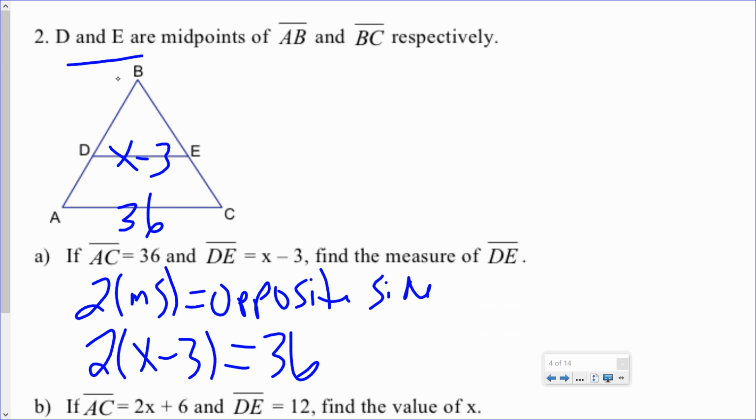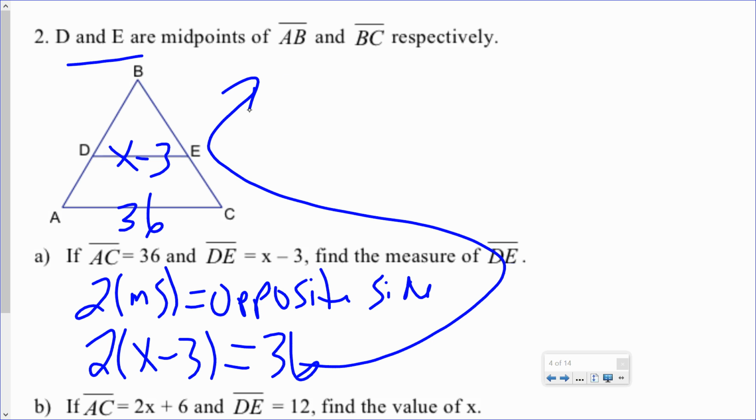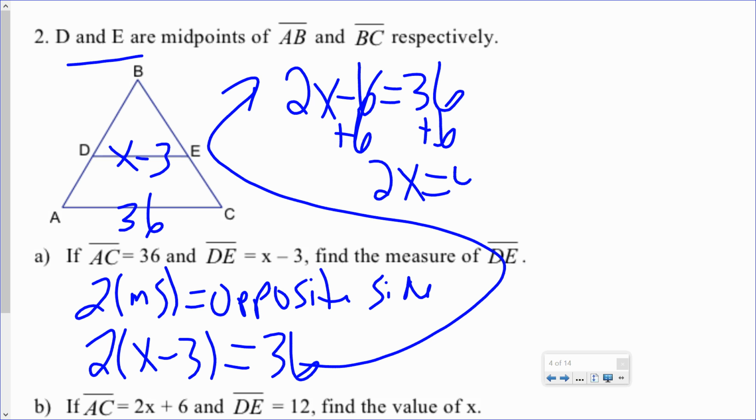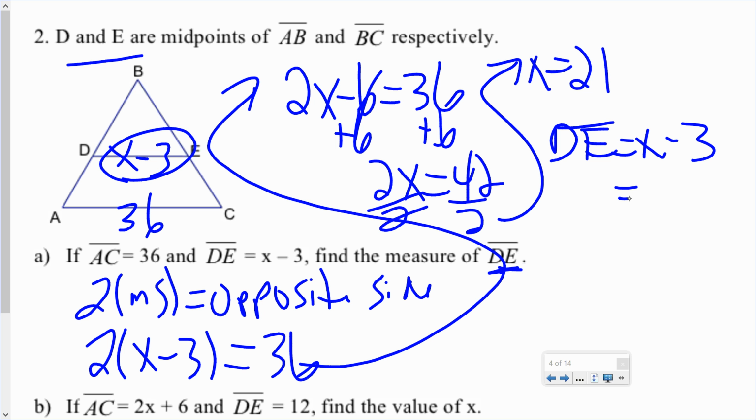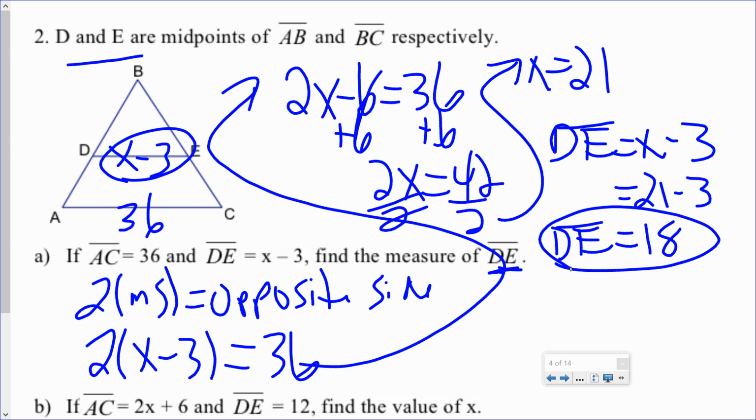Now from here I solve. 2x minus 6 equals 36, plus 6 plus 6, 2x equals 42, divide by 2. x is 21. It's asking for the measure of DE. Well, DE is x minus 3, which is 21 minus 3, which is 18.